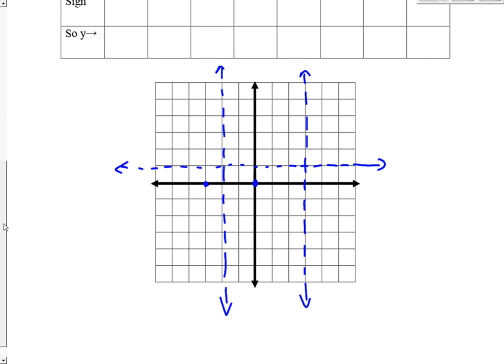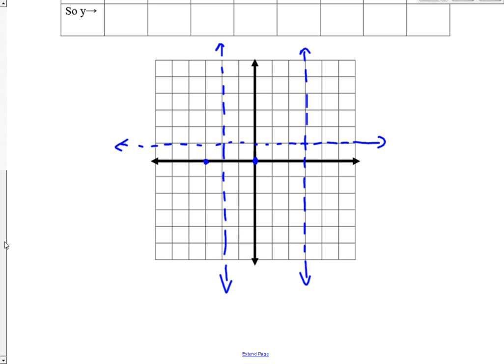So we've got 3 sections of our graph here, right? So we're going to have 3 different graphs. Left and right of our x equals negative 2 asymptote will be negative 2.1 and then negative 1.9. Over here at x equals 3, we have 2.9 and 3.1.